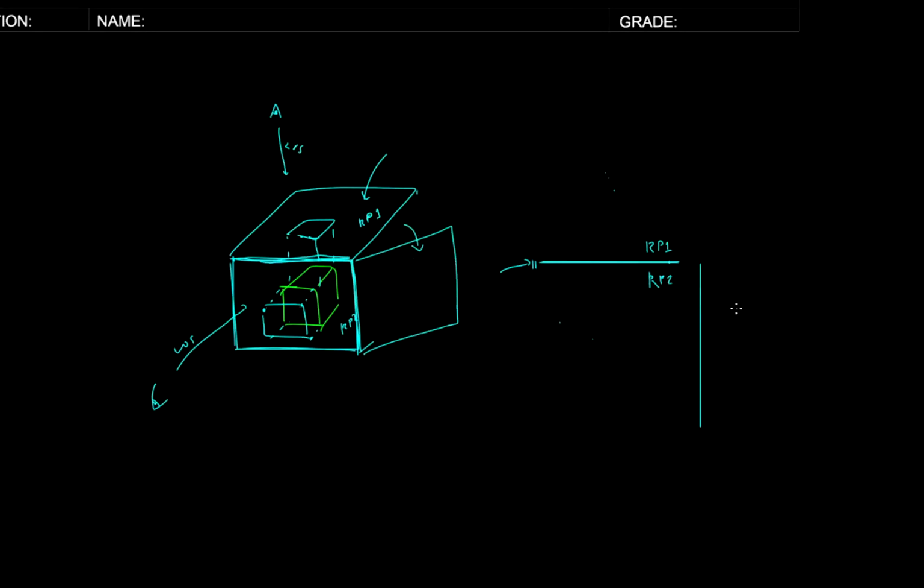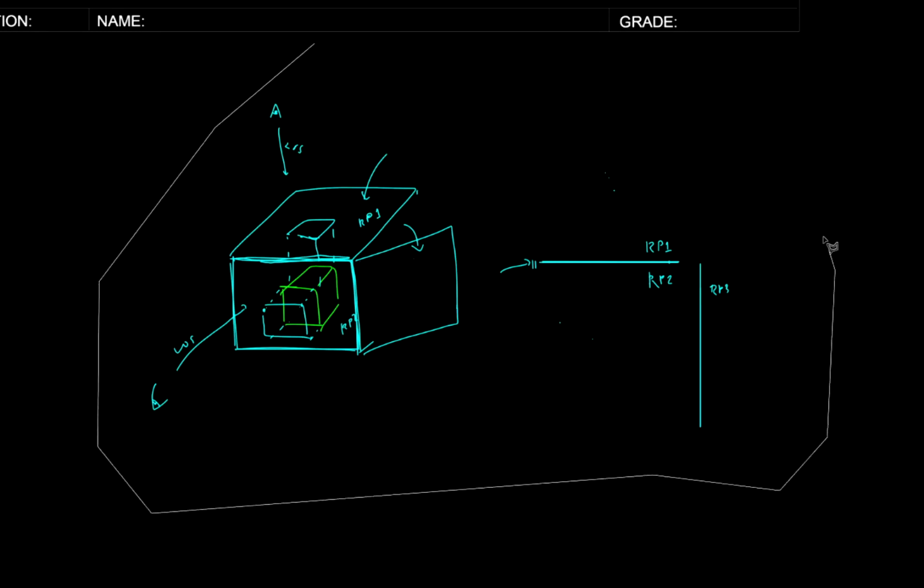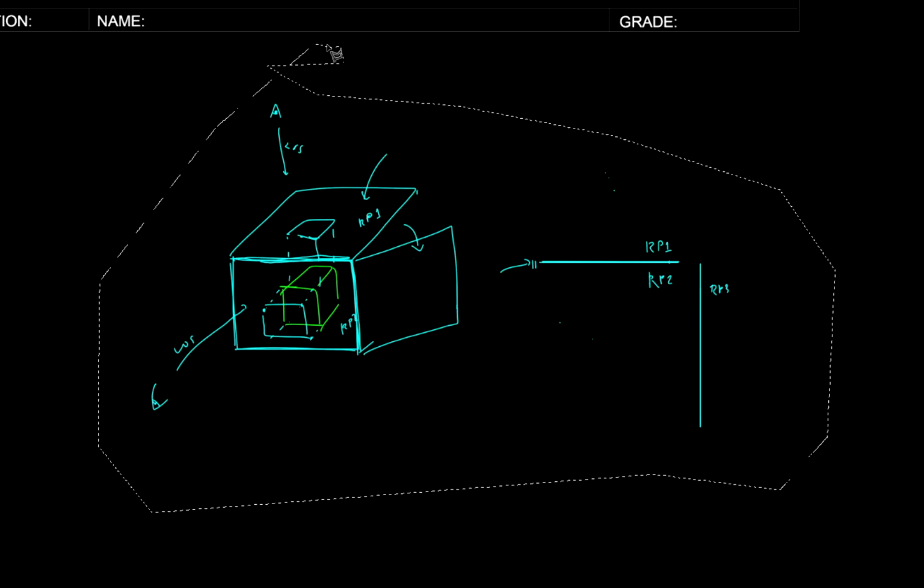That's why nandito na yung RP3 ko. Parang ganyan. Okay? So para akong nag-unfold ng mga reference planes, to be viewed in a 2D space. Okay? So, I hope that made some sense, no?